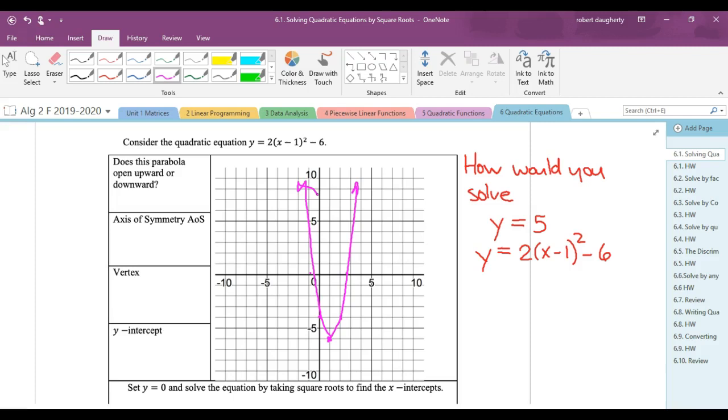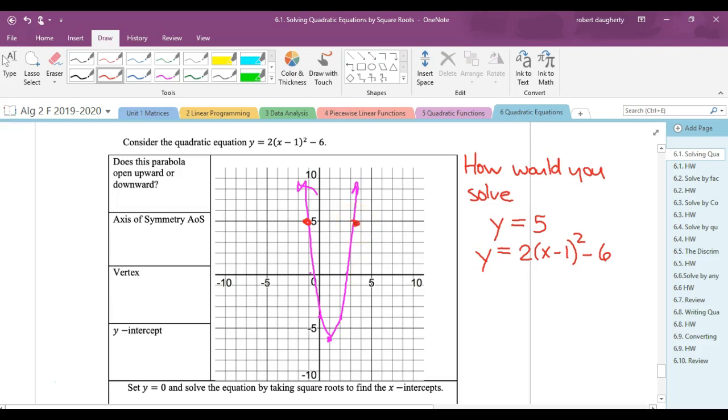So look at it on this parabola. How many times does the y value equal 5? Where is y 5? Oh, here. How many points does y equal 5? There are 2 points here, okay? So y is equal to 5 on those 2 points.